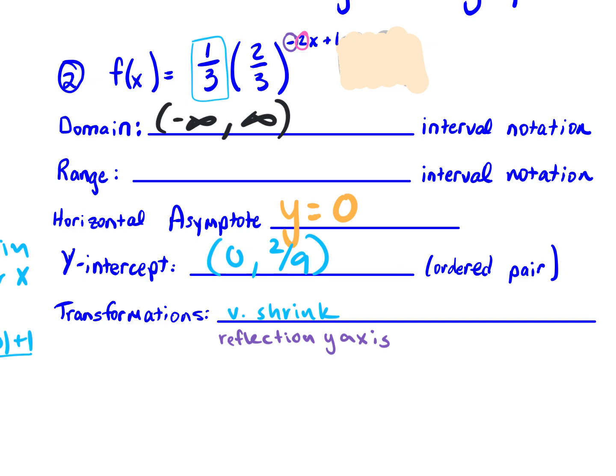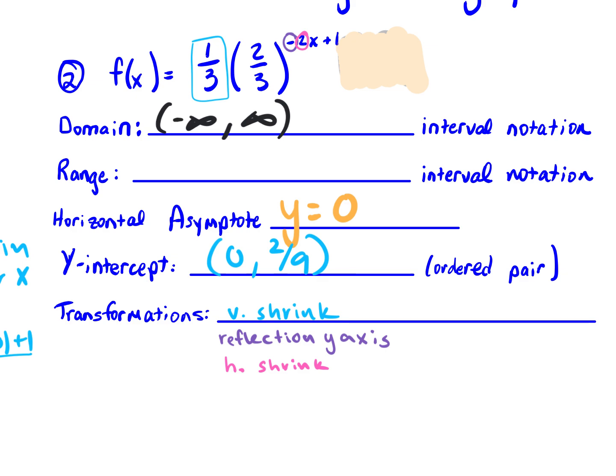So is it a stretch or shrink? So this would be a horizontal, what do we think? Horizontal shrink. Because it's greater than 1, so inside, it's the opposite of what we think. So it would be a shrink when it's greater than 1.